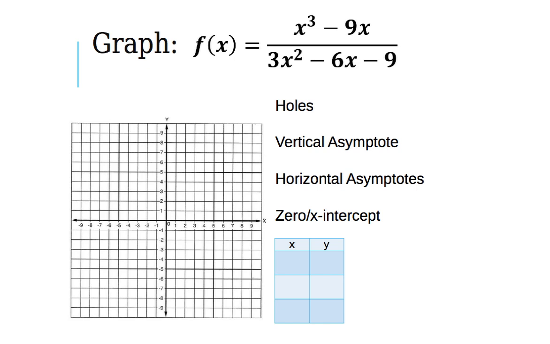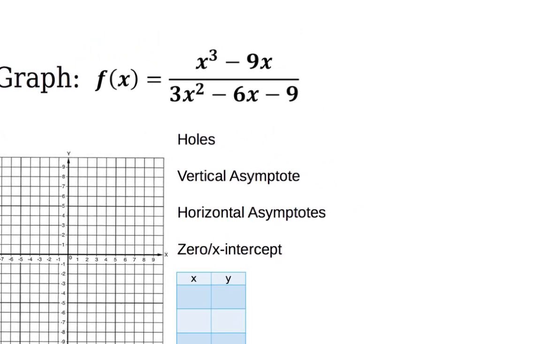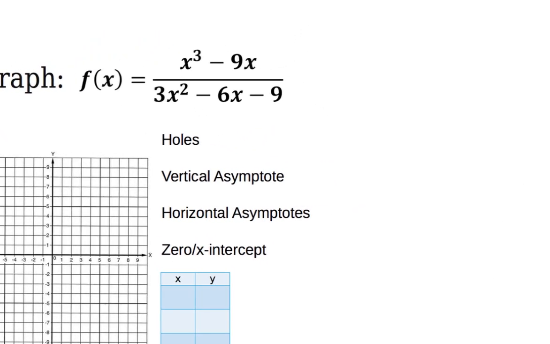And the first thing we always need to do is to make sure we factor. So we can see that both the numerator and the denominator are not factored for this problem. So we're going to go ahead and do that. For the numerator, we see that we have an x cubed and an x in both of our terms. So that means we can take out a GCF of x, and then when we do that, we're left with x squared minus 9.